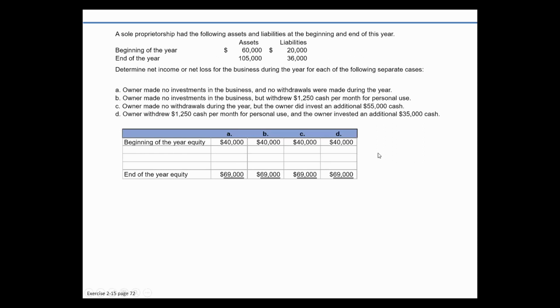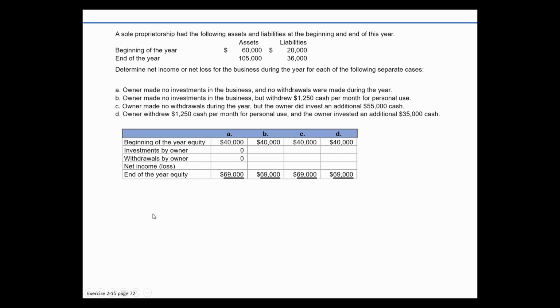And then at the end of the year, they had $69,000. In the first one, they didn't have any investments by owner and they didn't withdraw.